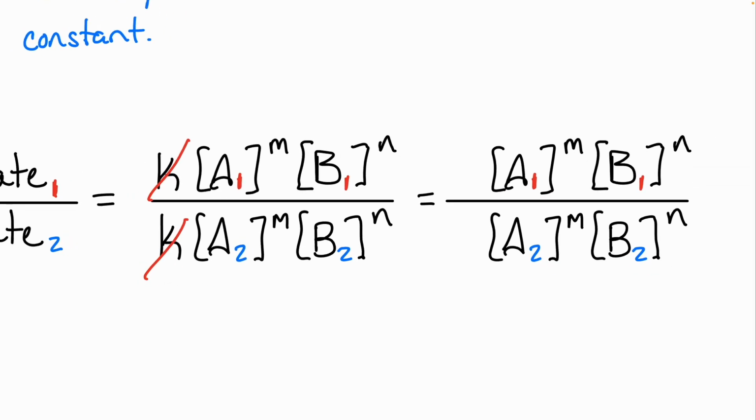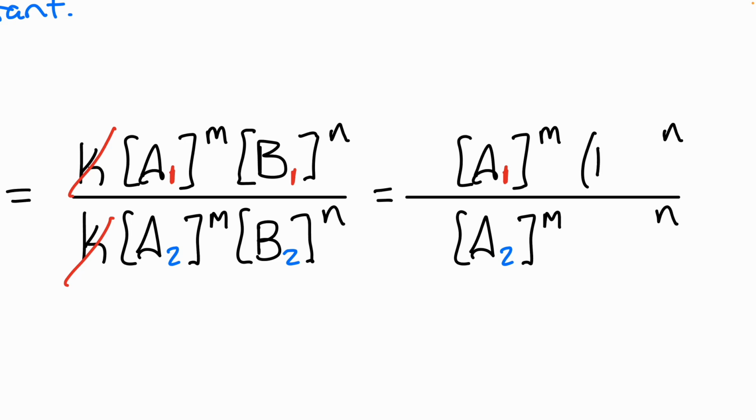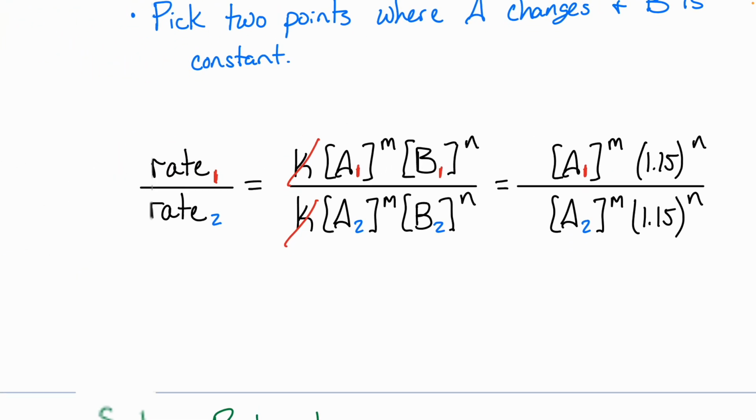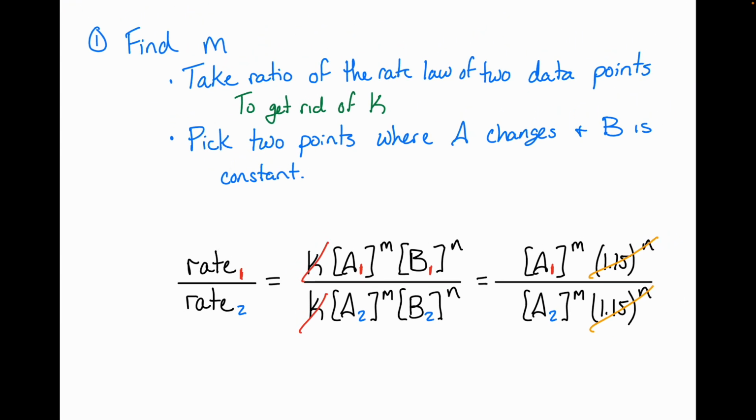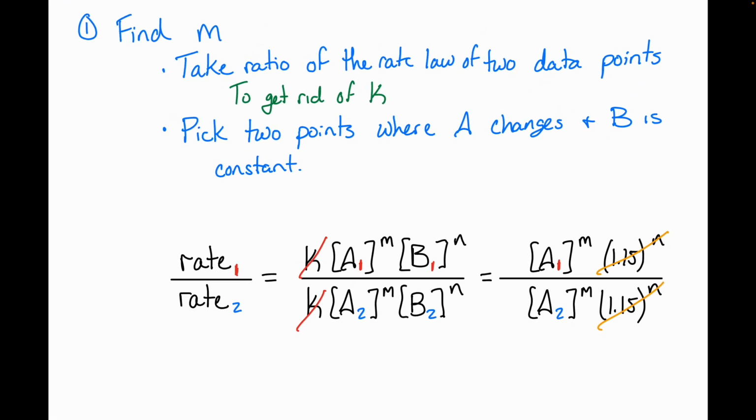If I'm going to fill in those values, 1.15 to the n, 1.15 to the n. So yes, I can get rid of b, but not only can I get rid of b, what else can I get rid of? n, right? And that's the big deal here, is that I get down to just that one unknown variable, m. So by being strategic with our data point picking here, we get rid of n.